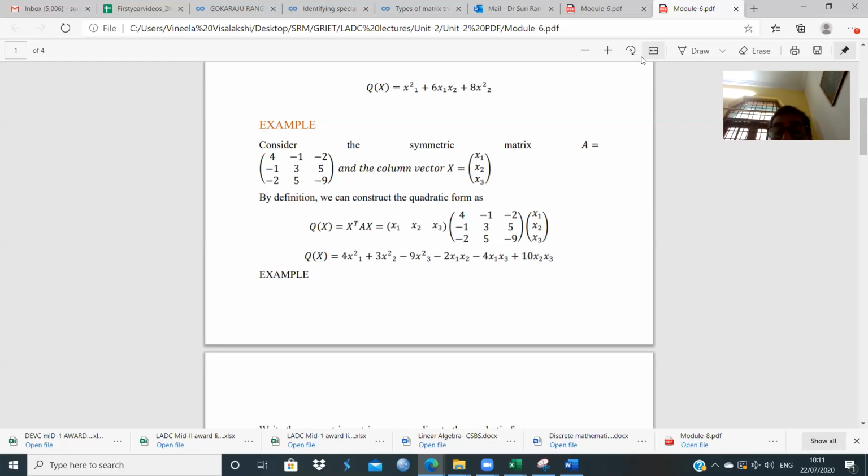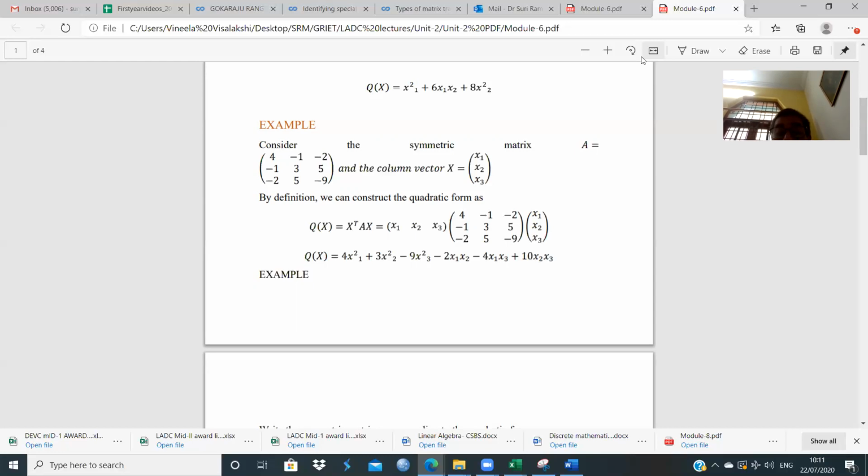The coefficient of x1x3, minus 4, is exactly double the A13 element in the matrix. Similarly, the coefficient of x2x3, 10, is exactly double the A23 element in the matrix.